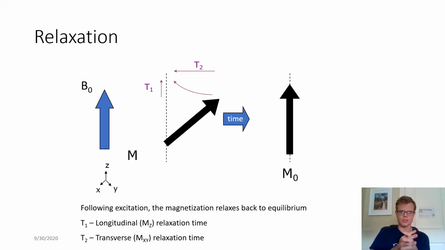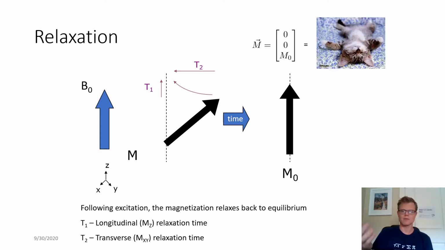And this is another reason why we're going to divide up our net magnetization into the z longitudinal and the transverse MXY components here. And then at the end, after enough time, we'll be back in our happy state of the lowest energy equilibrium.